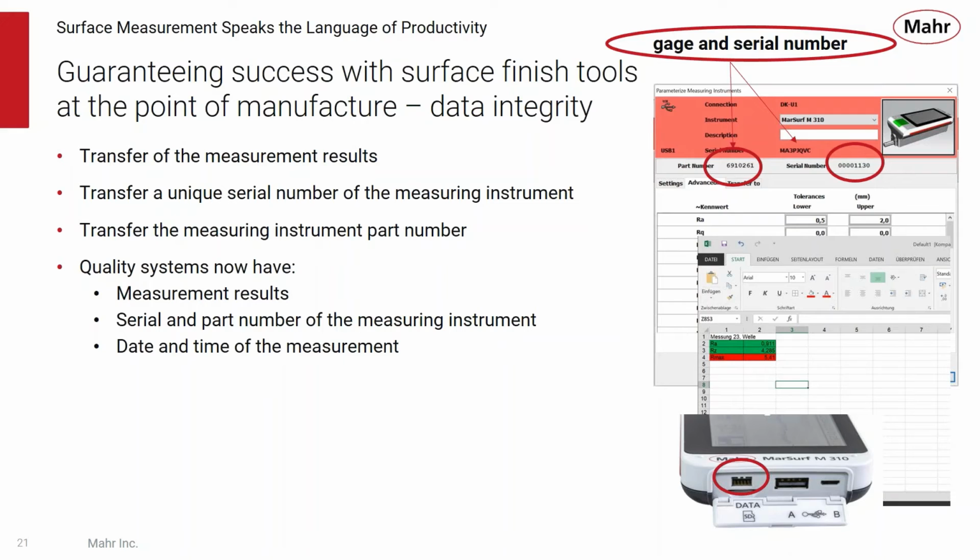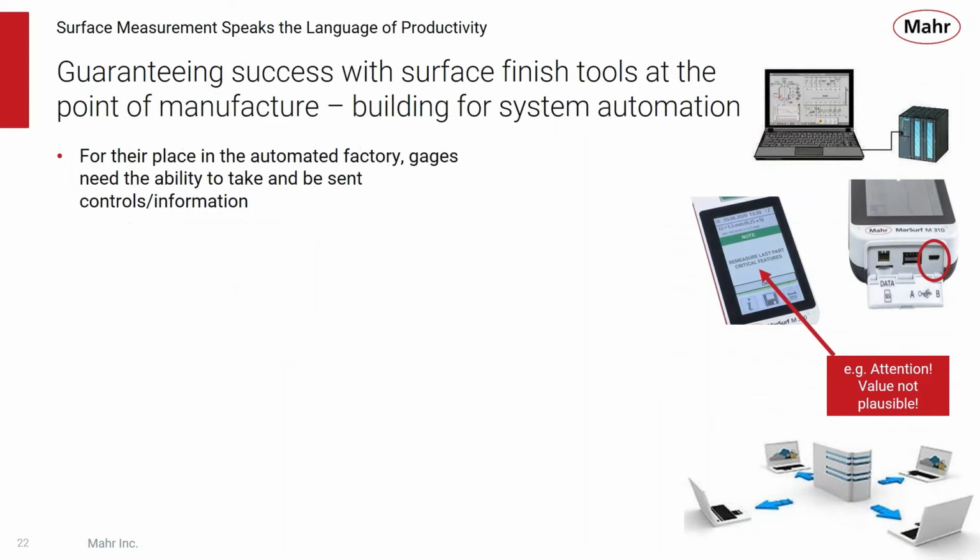So now the quality systems have the measurement results, they have the serial and part number of the equipment, date and time of the measurement. That whole measuring process is tied together and provided, ensuring a good quality control of the data.